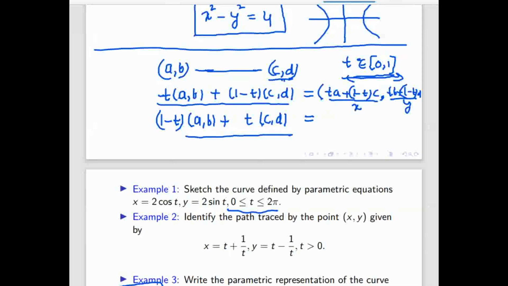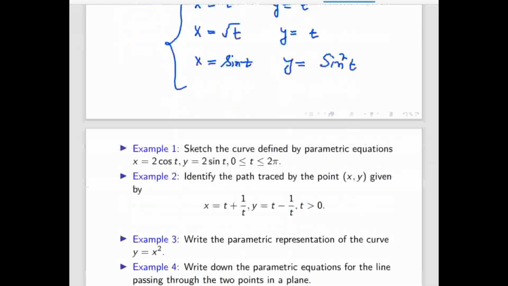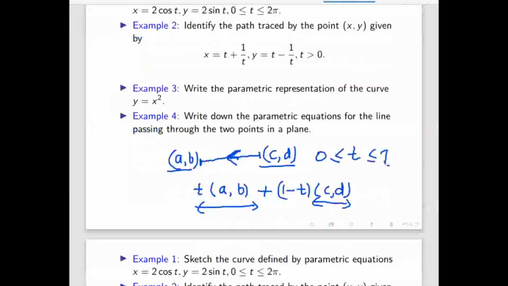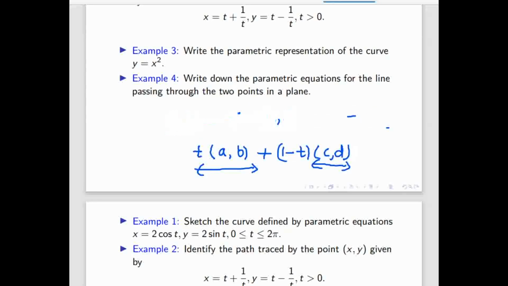So can you give me the parametric representation of a line in 3 dimensions passing through 2 points? First I will give some points, 3-dimensional points.